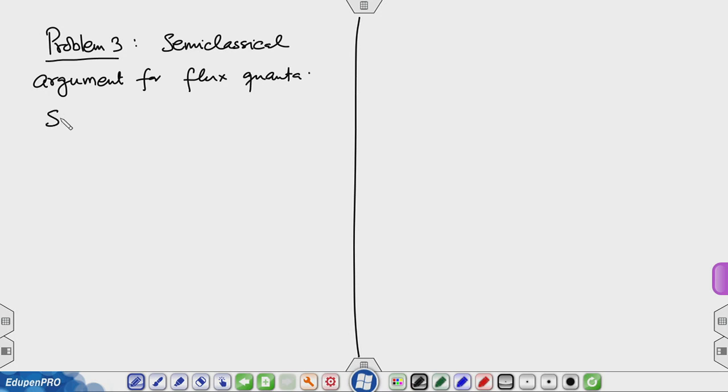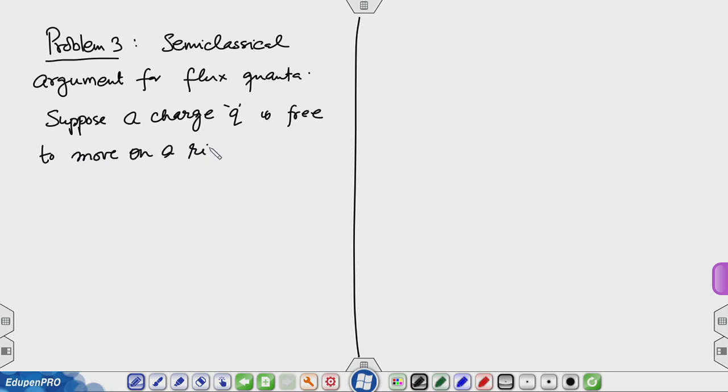So, for this problem, suppose a charge q is free to move on a ring of radius r. So, here is this ring of radius r and here is this charge q on it.